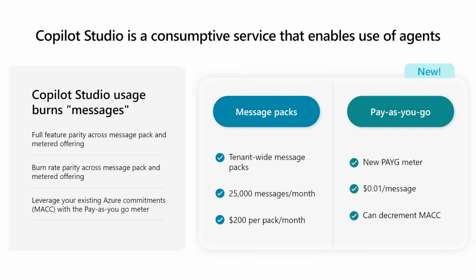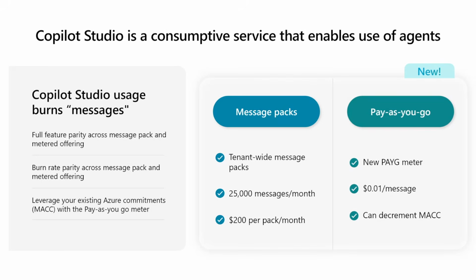And then, when the agent is getting used by the end users, keep in mind that we're talking about an exception, and only for exceptions, we are triggering the agent to be used. We're using messages, right? So these messages need to be available on the tenant. And there are two options. You can take a look at the message packs. This is a tenant-wide message pack, which contains 25,000 messages per month, and there's a price tag behind it.